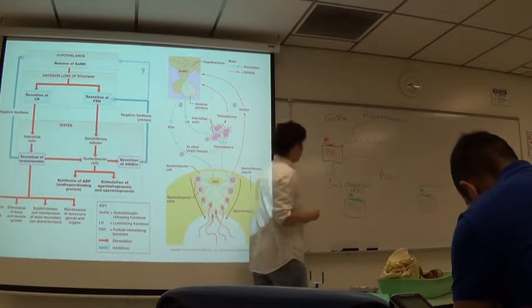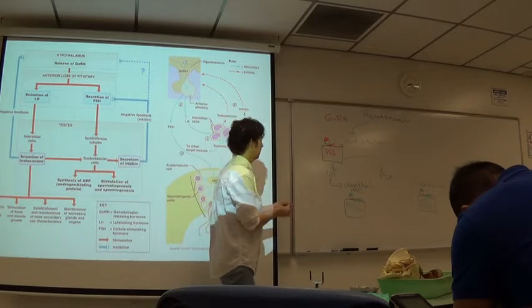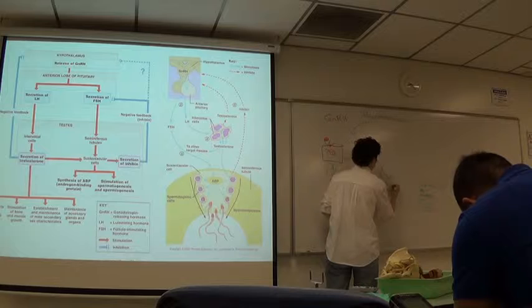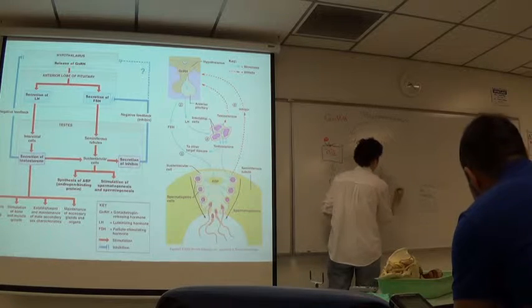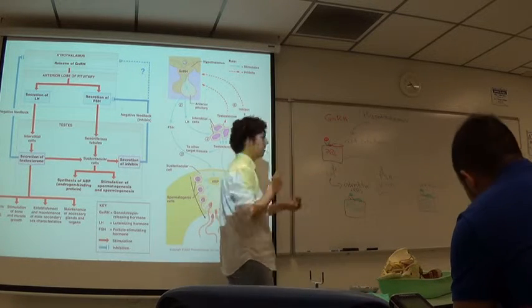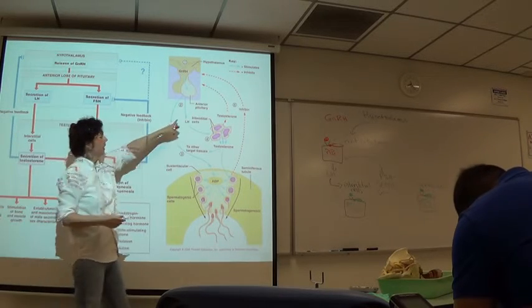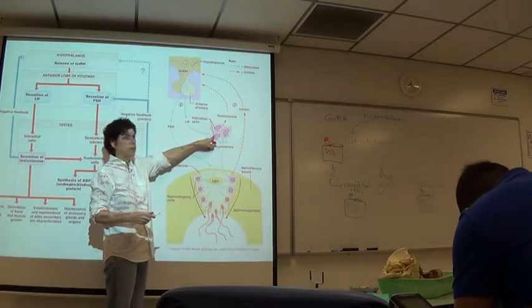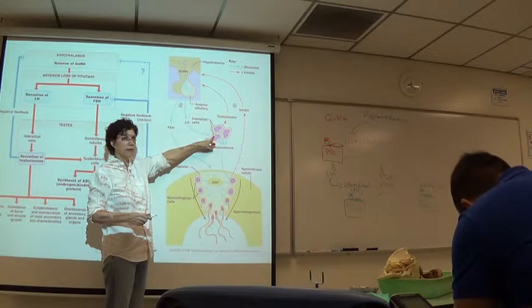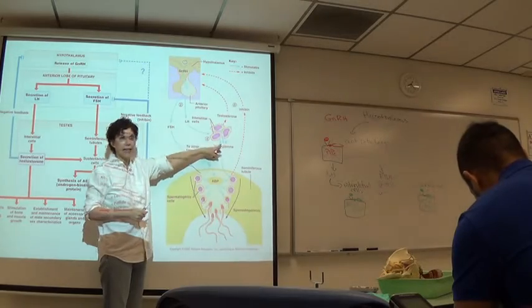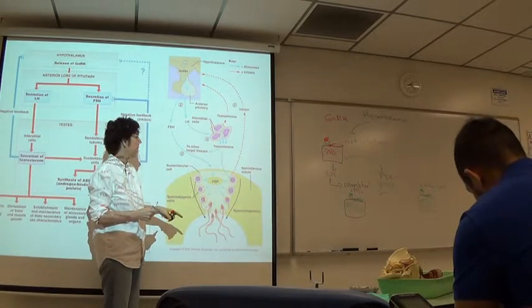Okay, so in the testis, we have the interstitial cells. So in this picture, LH will bind to the interstitial cells via membrane receptor, activating the cyclic AMP second messenger pathway.